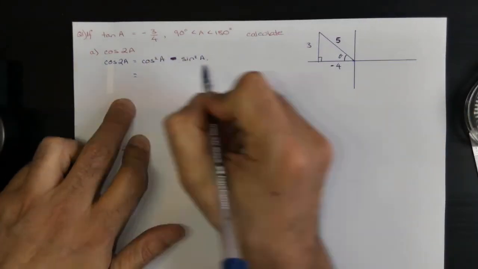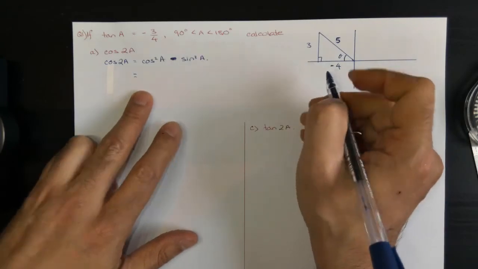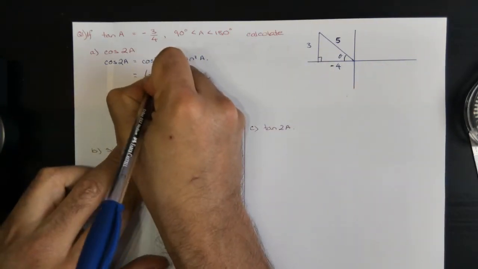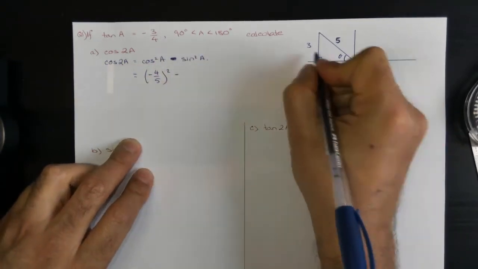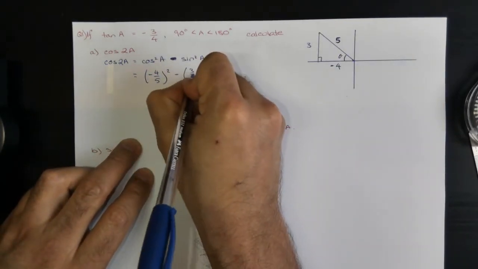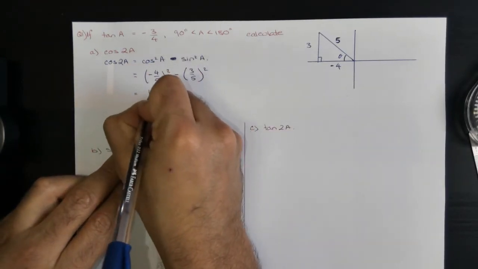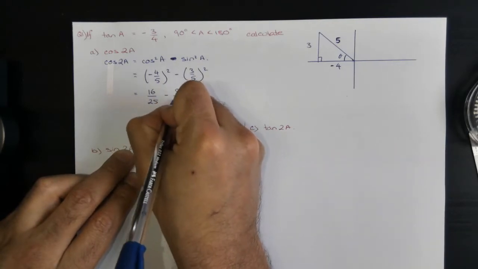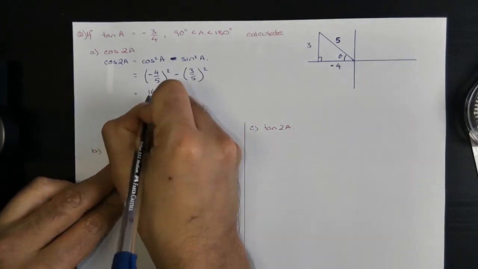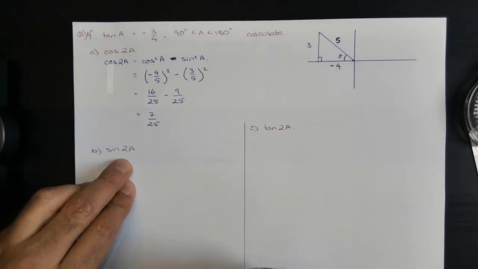Cos is negative 4 over 5, all squared, and sine is 3 over 5. Squaring that is going to be 16 over 25 minus 9 over 25, which is 7 over 25.